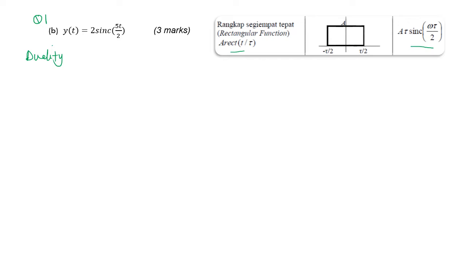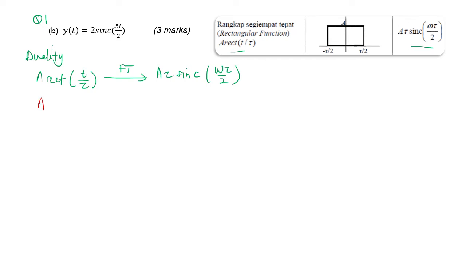In normal practice, rectangular t over tau, where tau is the width of the rectangle, will produce A tau sinc of omega tau over 2. But now you have the equation in sinc function, but in t.